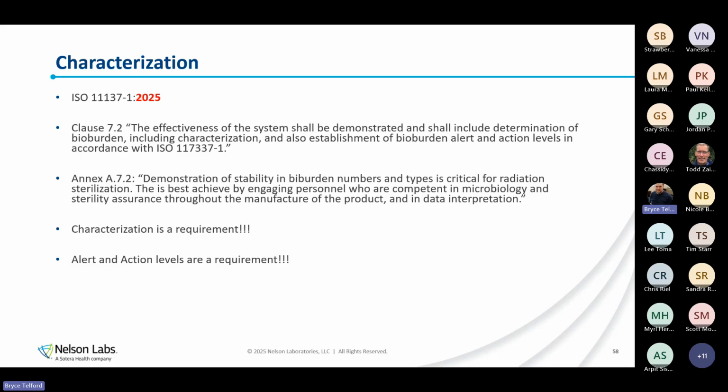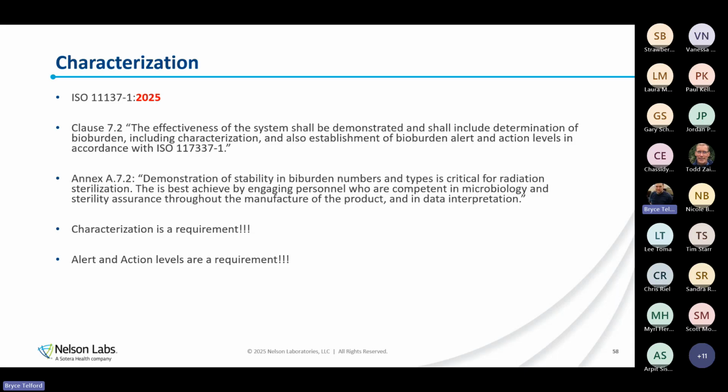A key of building a family group, which we'll get to when we talk family groups, is that the family needs to be made of comparable numbers and types of microorganisms, or we also have master family groups, where we have a master product that's the worst case. So in that case, that master product would have the most organisms or the most resistant organisms. But characterization still plays a role in family groups, especially with master products.